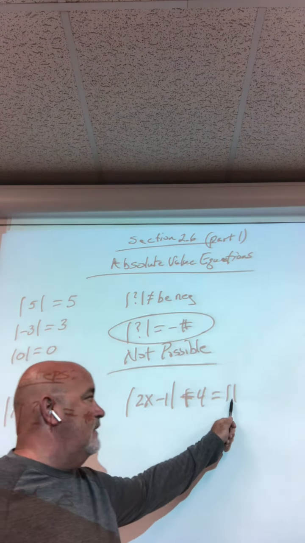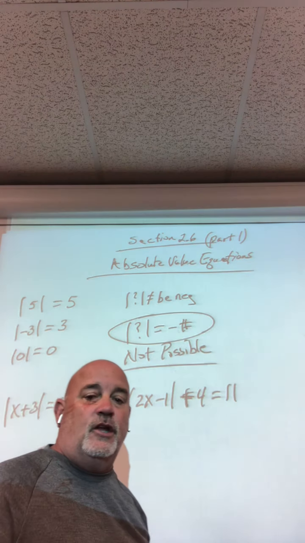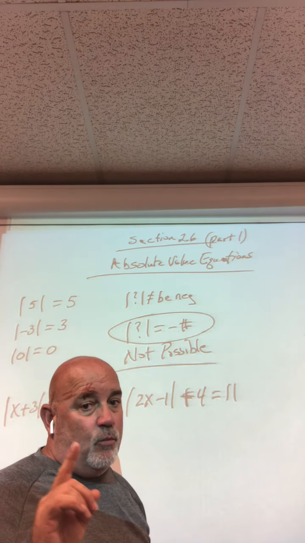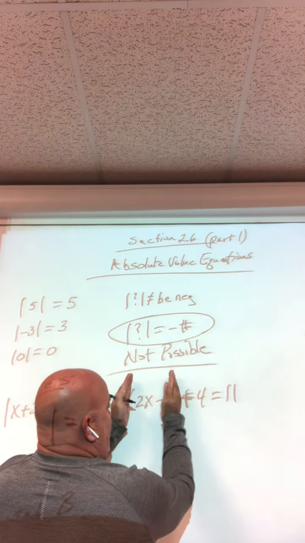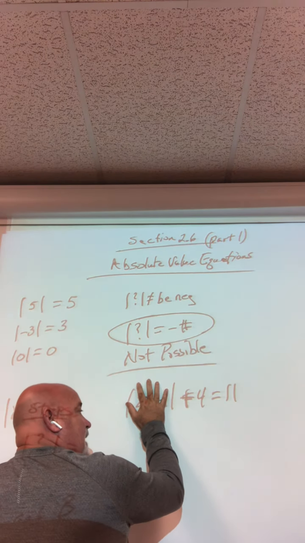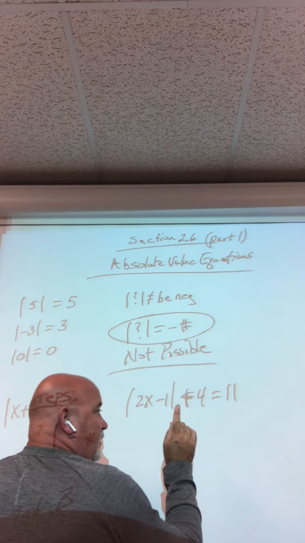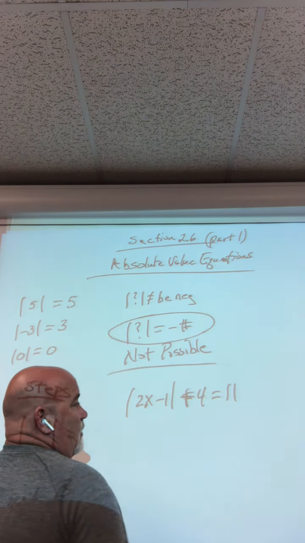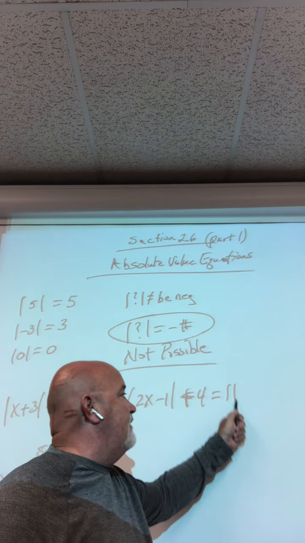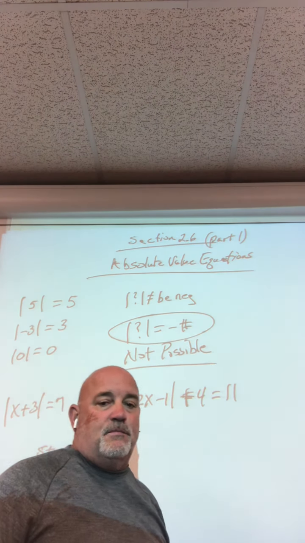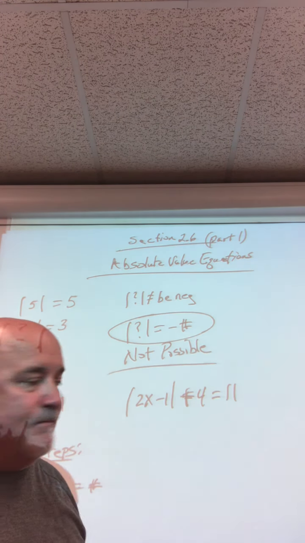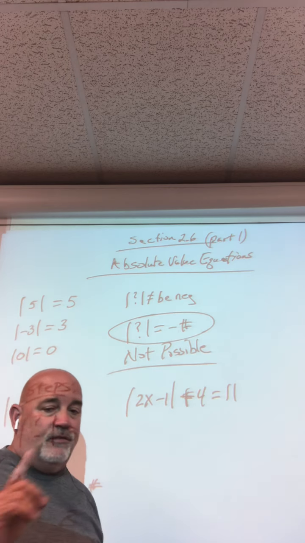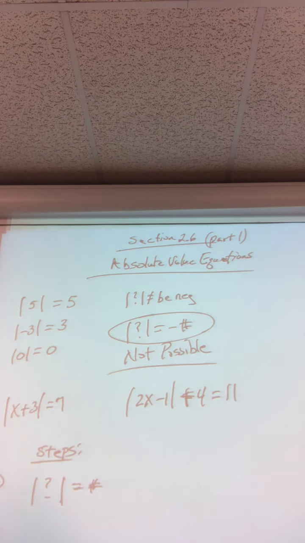B is what you get after you do step 1. I would have to get this absolute value stuff on a side by itself first. So the first thing I have to do is subtract 4 from both sides. When I do, this is 11 minus 4, which means B would be 7 in that case. So you've got to remember to do that first step.